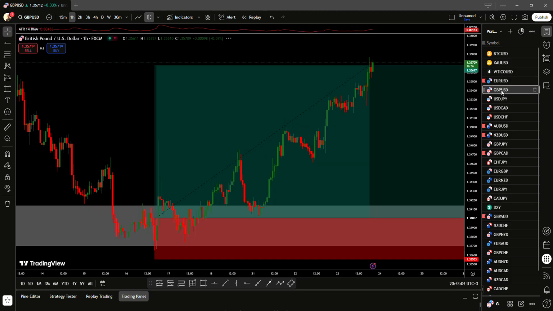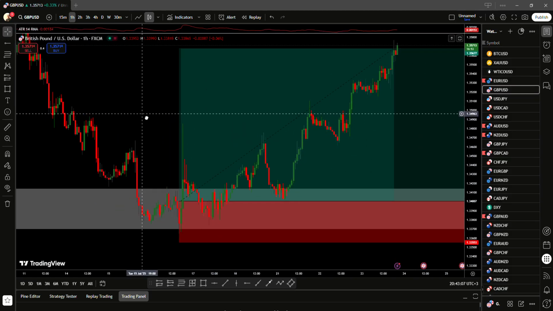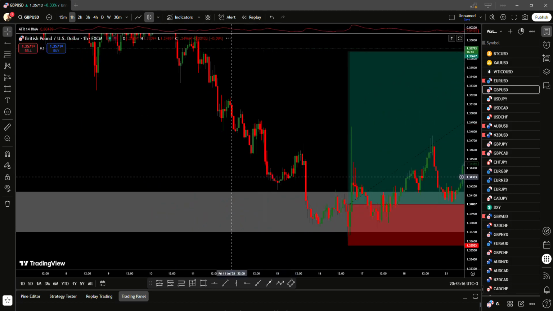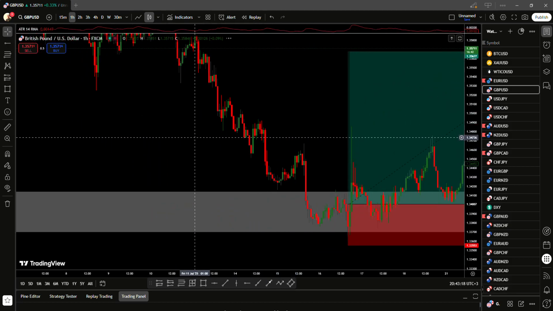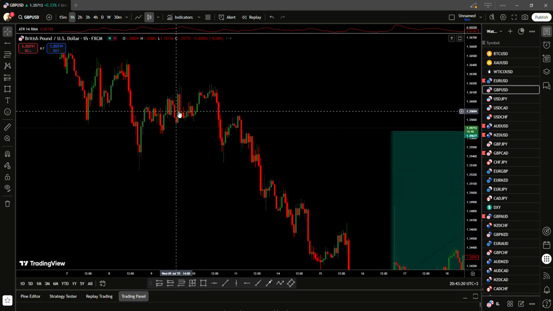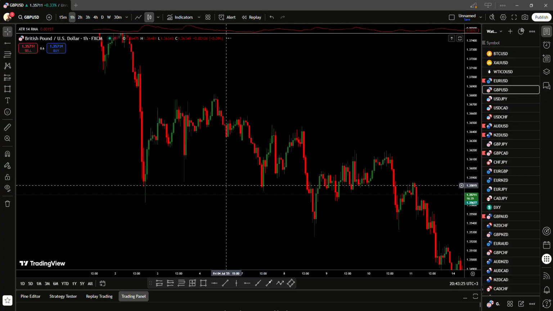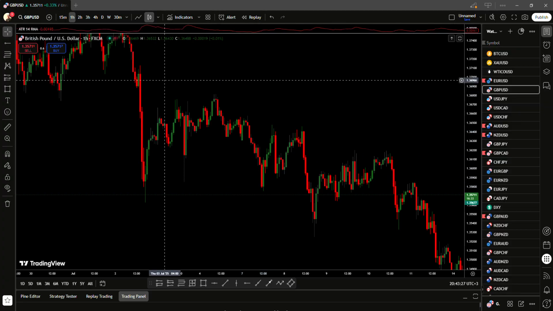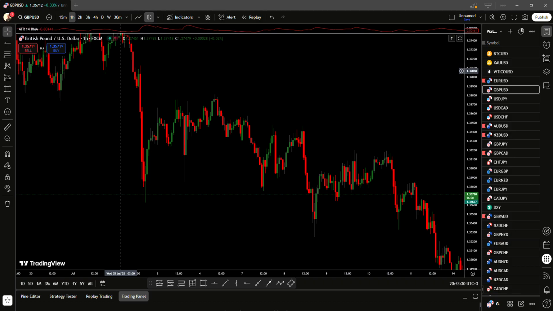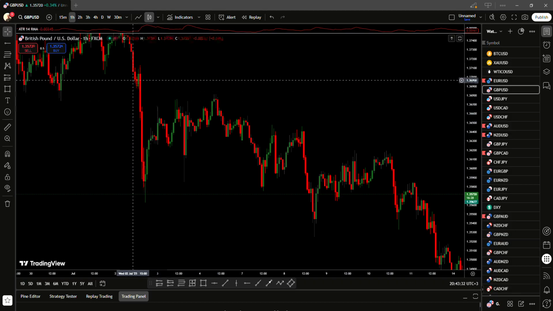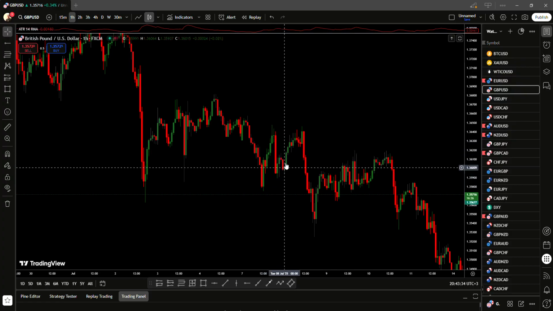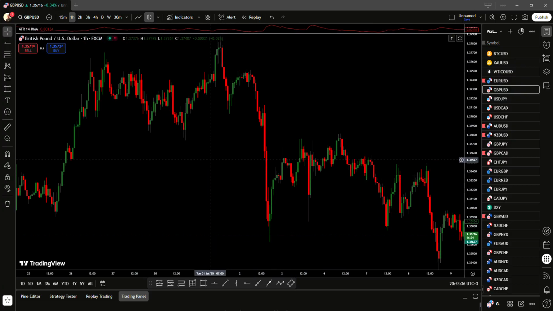Still have more time. This is GBPUSD. Okay, I don't see anything there. So let's proceed. There is support and resistance, demand and supply here, but supply was not tested there on GBPUSD, so that is not valid.